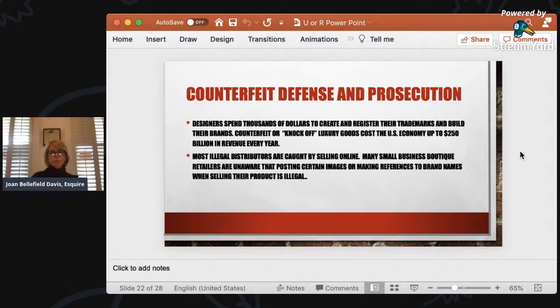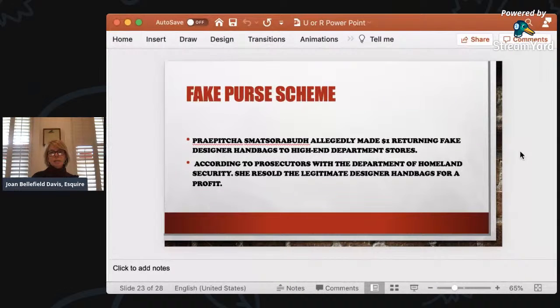So back to counterfeits. In the US, there's one case that I wanted to talk to you about, and it was a fake purse scheme. It was actually in Northern Virginia. A woman created a website, and she sold purses that were actually counterfeit.